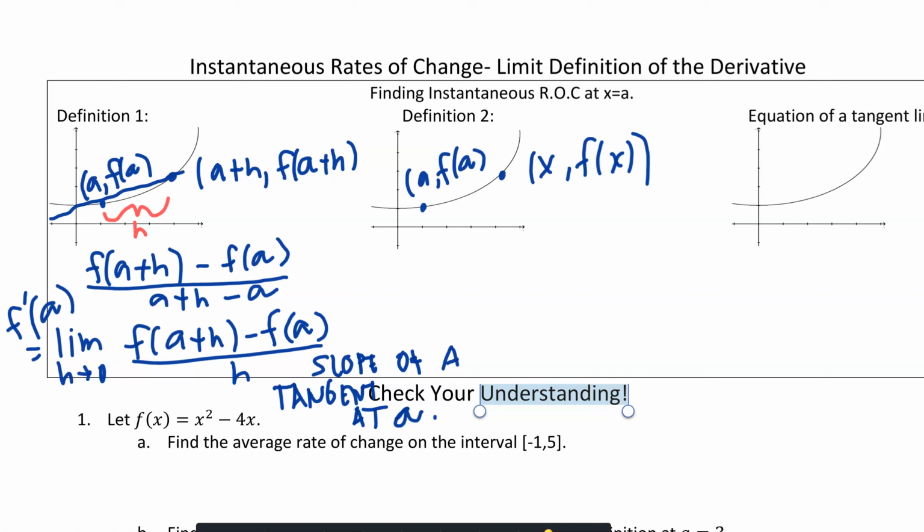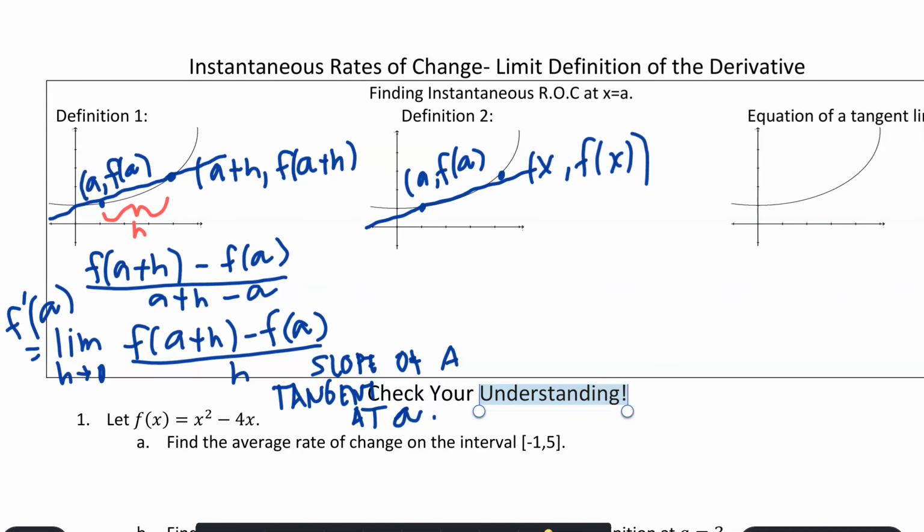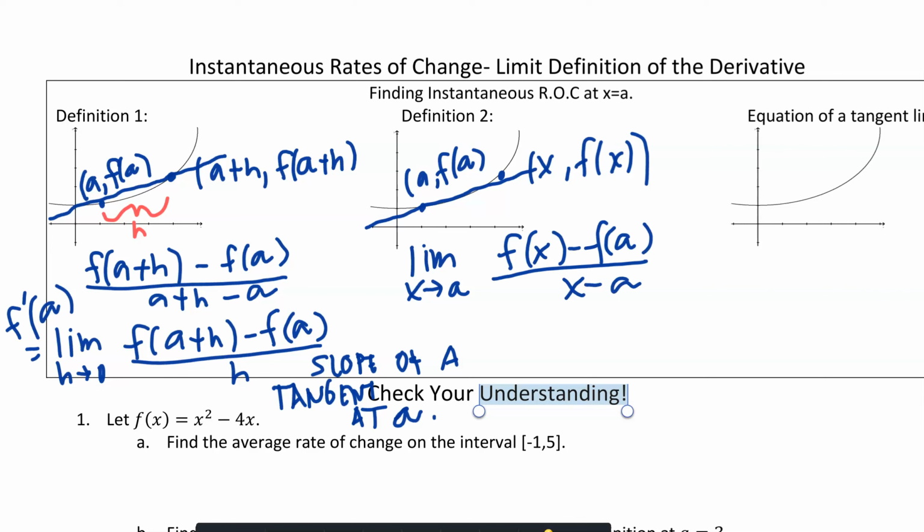Instead of making the H value closer and closer to 0, we want X to get closer and closer to A. So we call this the limit as X approaches some A value. So it's f of X minus f of A all over X minus an A. And that's the definition. The derivative of the function evaluated at A.